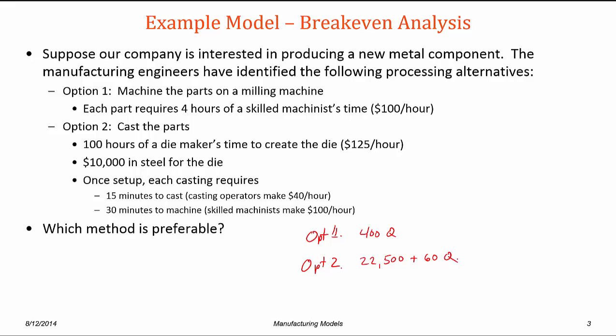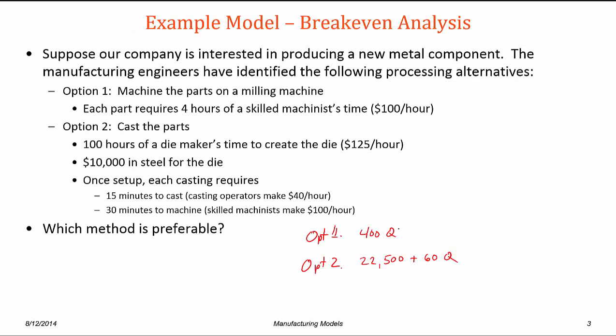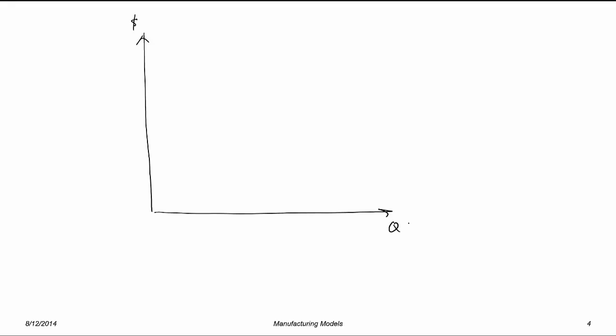What we want to do first is look at those in a graph. Let me change my pen color here, change it to black, and create our graph. What I want to plot is the cost versus Q. For option 1, it's simply 400Q, so we have a nice linear relationship, and we can plot that as follows.